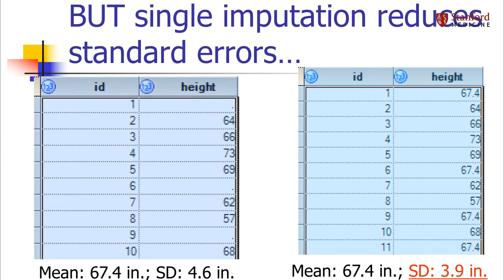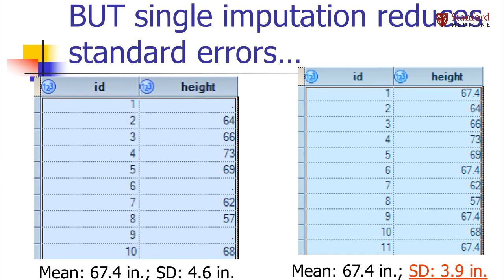But single imputation has a problem. It reduces the standard deviation of the variable you're imputing, and therefore reduces standard errors and p-values. Here, I've got a simple data set where a fairly high percentage of participants are missing height. In the original data set on the left here, the mean was 67.4 inches and the standard deviation was 4.6.